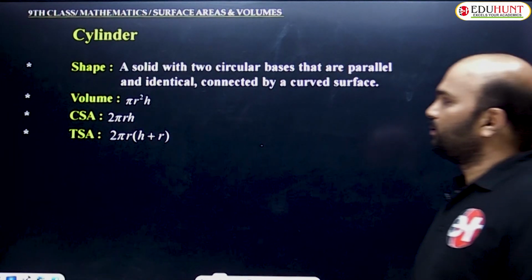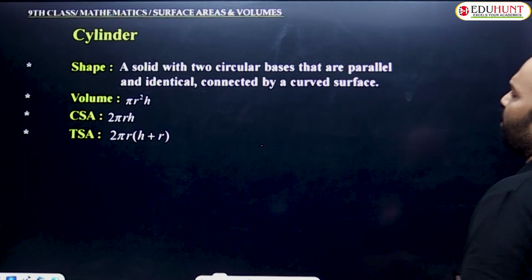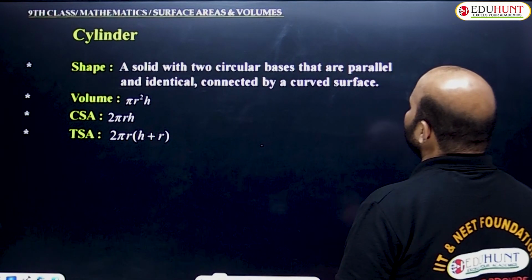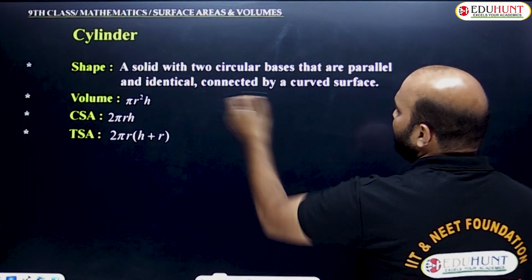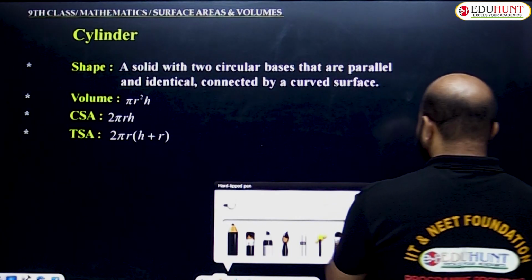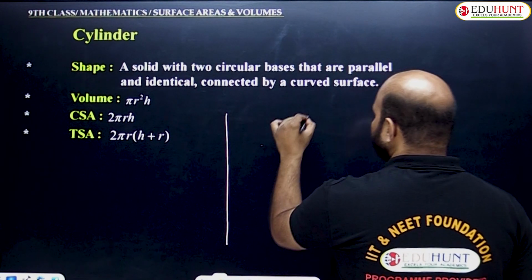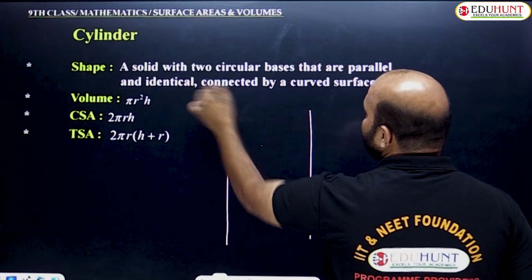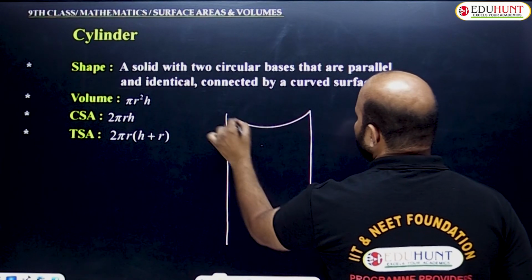Next one, cylinder. So what is the shape of a cylinder? A solid with two circular bases that are parallel and identical, connected by a curved surface. So it is a solid with two circular bases.